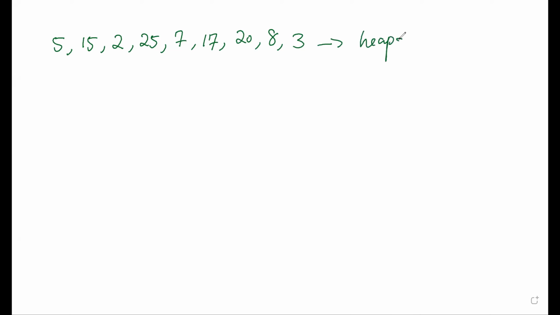Suppose we have a sequence of numbers 5, 15, 2, 25, 7, 17, 28, and 3. This is just a random sequence of numbers, and I would like you to apply heap sort to sort it in ascending order.